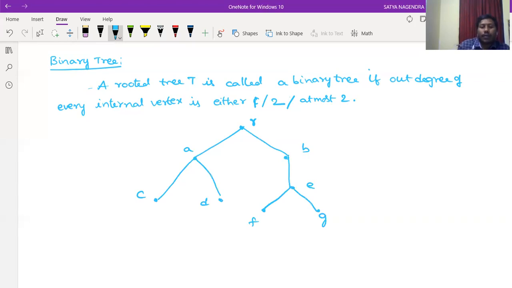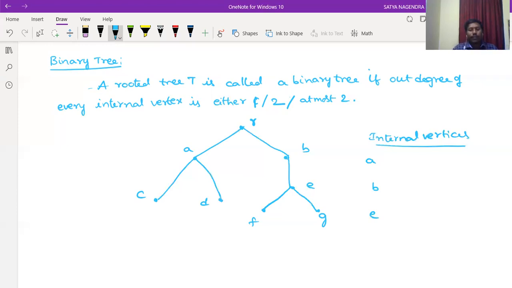So what are the internal vertices in this rooted tree? Internal vertices are A, B, and E. Here C, D, F, G are leaf nodes, and R is the root node.